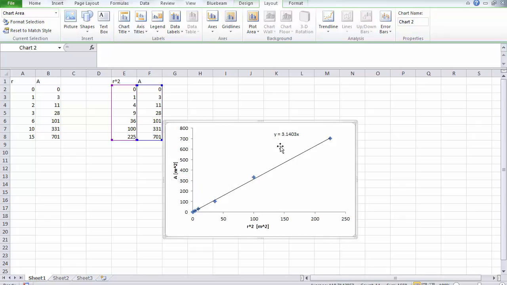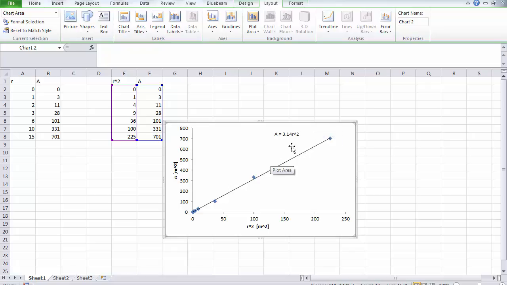Okay, so now we also have to change this. Y is equal to area, that's our Y variable, and our X variable is equal to R squared, and this is too many sig figs, so maybe we want just 3 sig figs, and there we go, we have a beautiful graph and our final equation.